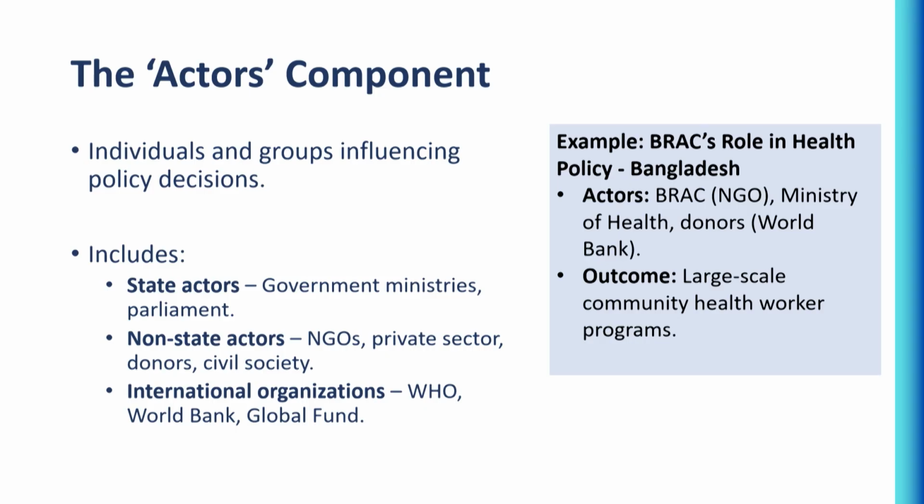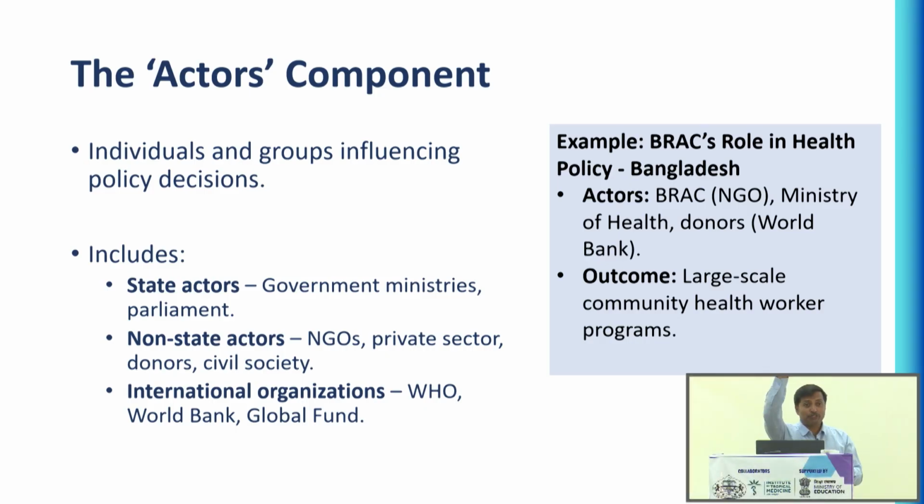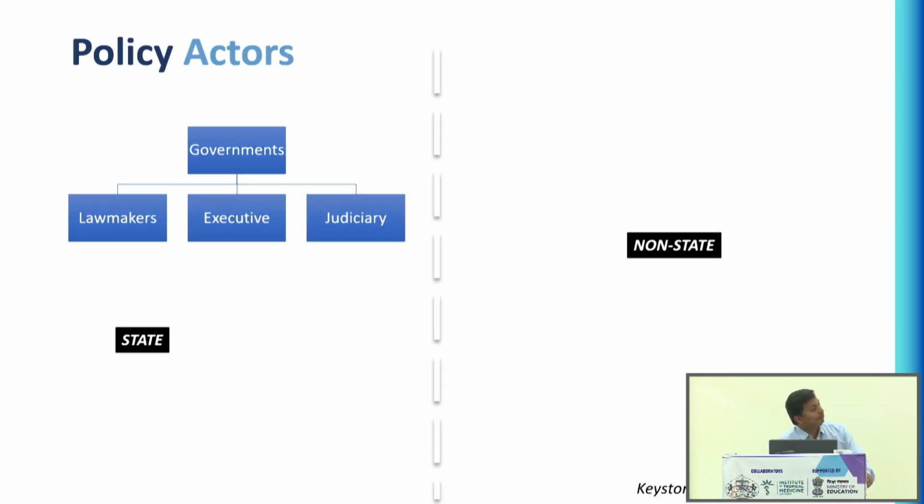On the very first day, your group gave us a very nice overview of the way they had drawn their diagram. They started from WHO and they came till the periphery level. They showed us the different levels of actors as they understood the health system. I borrowed this slide from the Keystone one.